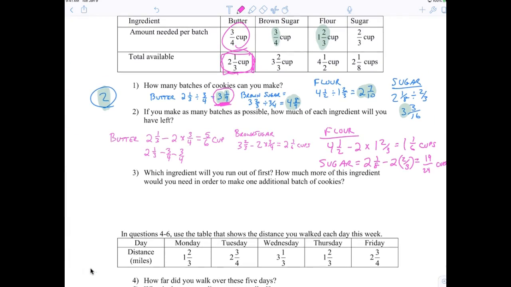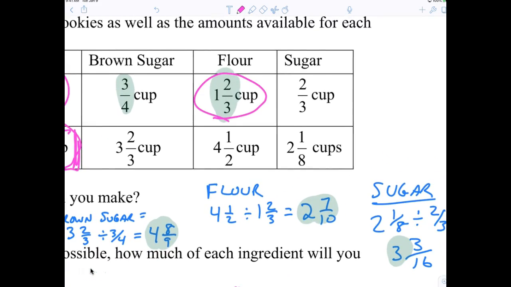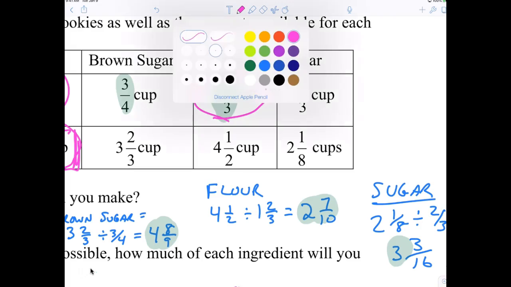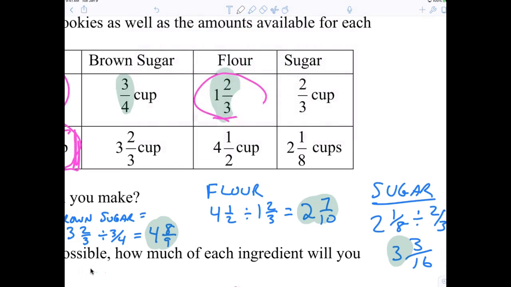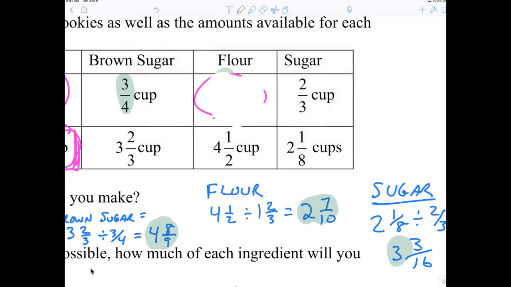Because each batch, listen to me. That's a good question. Each batch requires what? Let's say I had this, and this is why I try to teach kids this technique. Let's say each batch required 2 cups, and I had 9 cups.